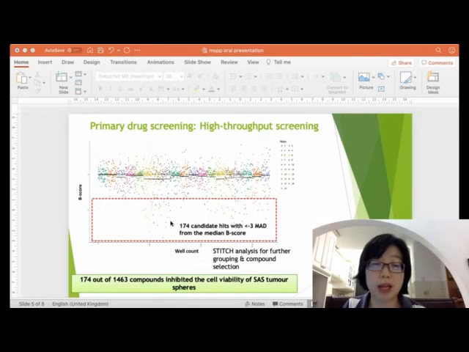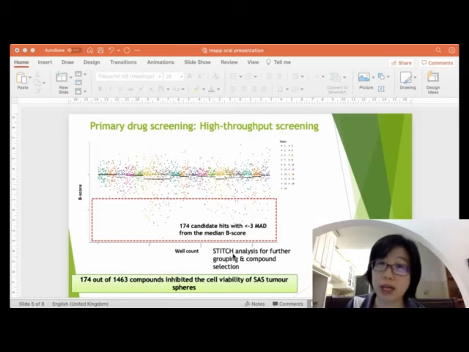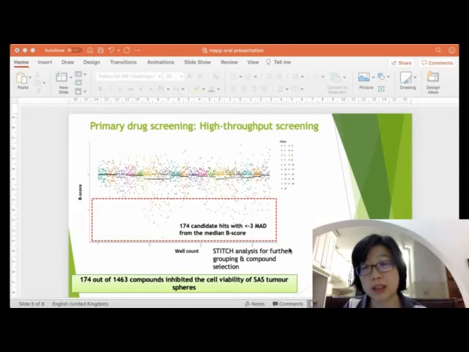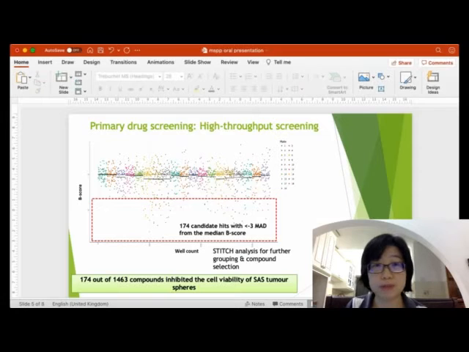From the 174 candidates, we further analyzed them using the STITCH method and recategorized them based on mechanism of action, and on currently available evidence published in cancer studies. We then selected 8 drugs for the secondary screening.